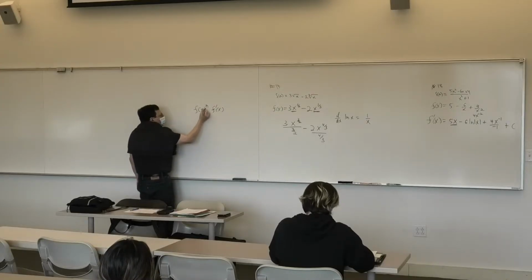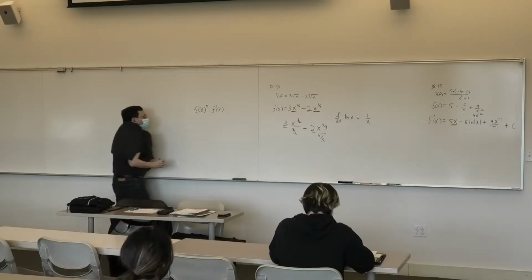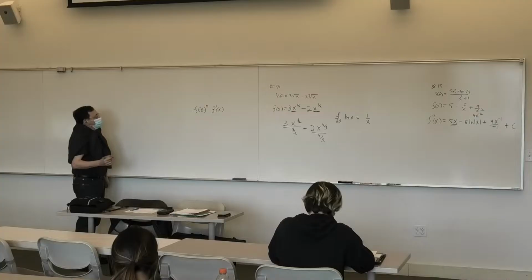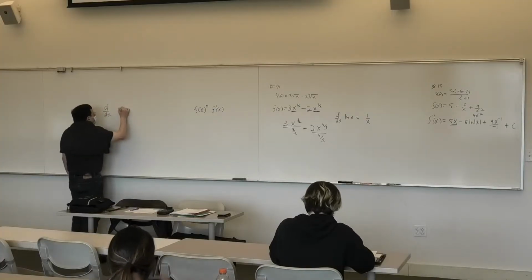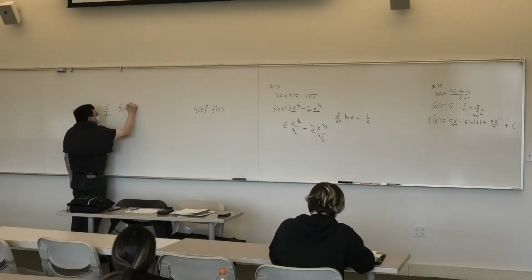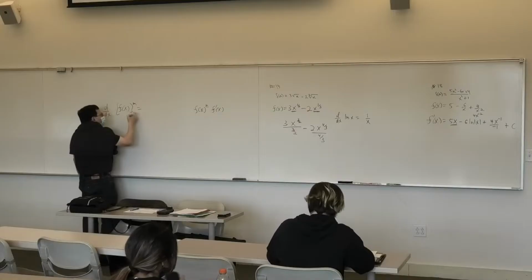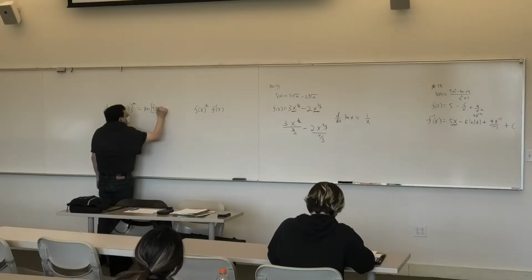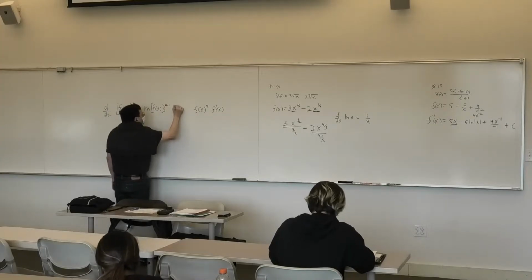Some function to the n times its derivative. Well, let's think about what if we wanted to find the derivative of some other function. I'm going to say f of x to the m. Well, the chain rule and the power rule would tell me this is m f of x to the m minus 1 times the derivative of f of x.